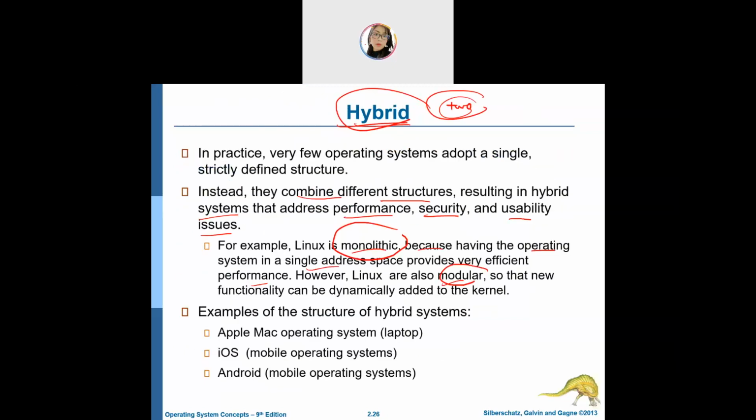So Linux can be two things; it can also function as a hybrid. Examples of hybrid systems are Apple's Mac operating system, iOS, and also the Android mobile operating system. These are the hybrid systems available.